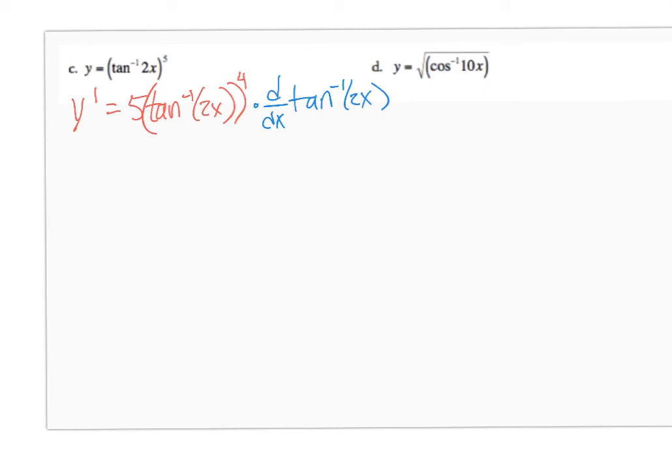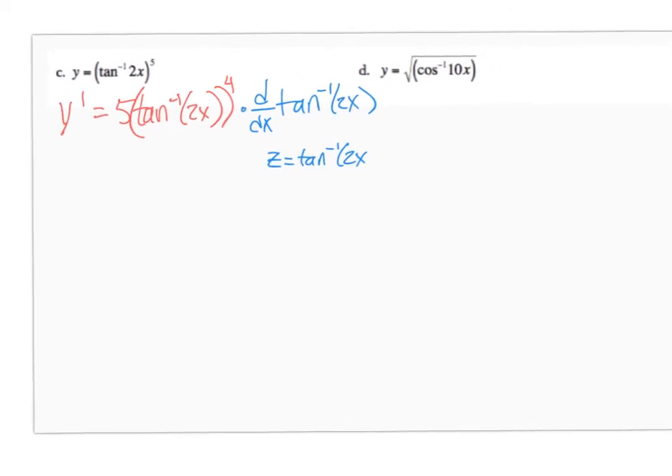Okay, for tangent inverse of 2x, I'm going to use z equals tangent inverse of 2x. I'm just going to use z because we already have a y in this problem.